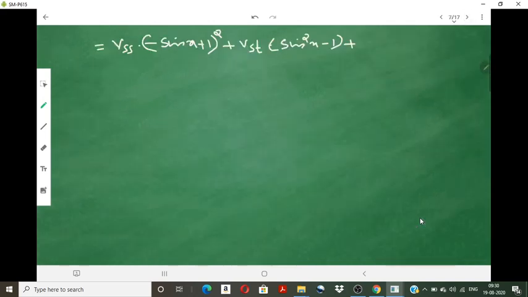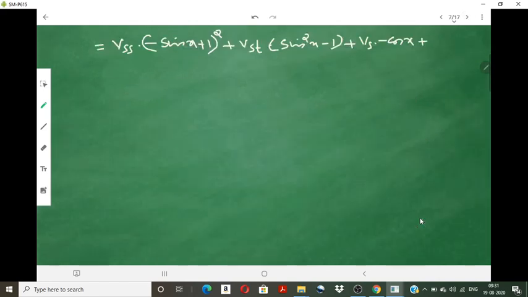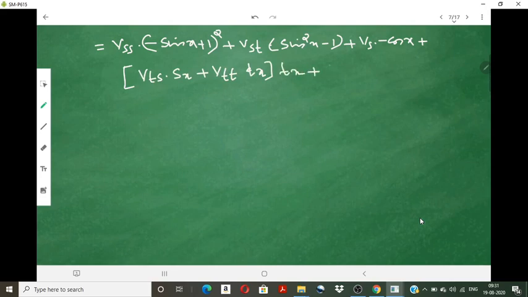Vs into Sxx will be Vs into minus cos x, plus. Now in this way we have to find the derivative of Vt into Tx with respect to x. When we find the derivative of Vt with respect to x, it will be Vts Sx plus Vtt Tx into Tx plus Vt into Txx.